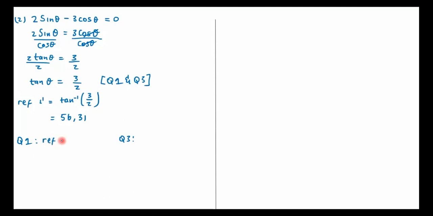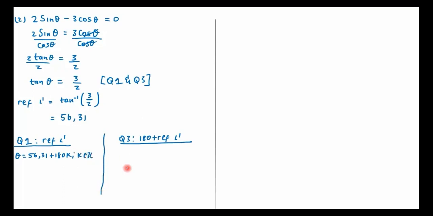Our first quadrant has a reduction of just the reference angle, and the third quadrant is a reduction of 180 plus the reference angle. So theta equals the reference angle, which is 56,31 plus 180k, where k is an element of integers.